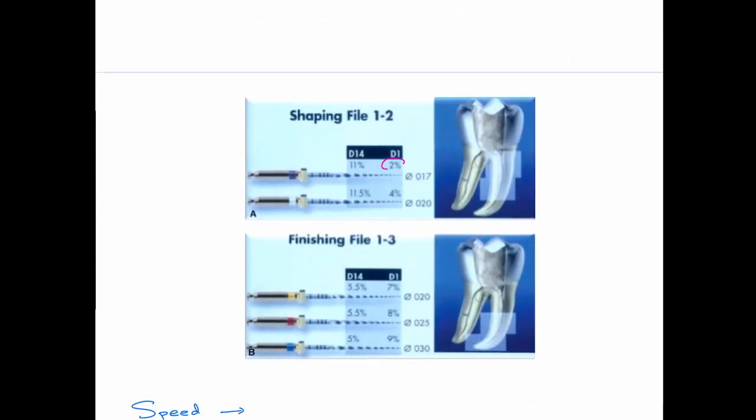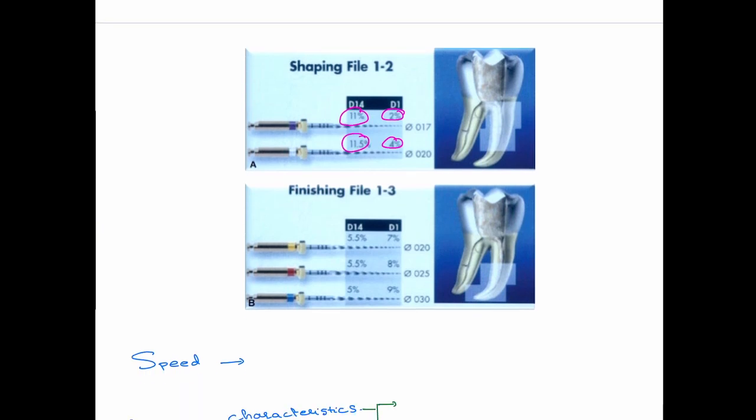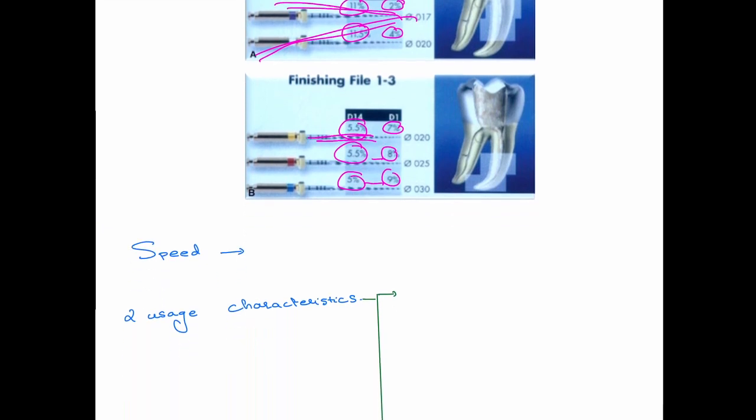Here the taper is 2%, 4%, and it is increasing 11, 11.5. That is shaping. But when you come on to the finishing files, it is 7, 8, 9, as I've told you. And see, this is decreasing, from 7 to 5.5, from 8 to 5.5, from 9 to 5, it is decreasing, whereas this one is increasing. You don't need to learn the taper, but you know that the shaping files are increasing coronally, and this is decreasing coronally. So that's the difference between the two different sets of files.